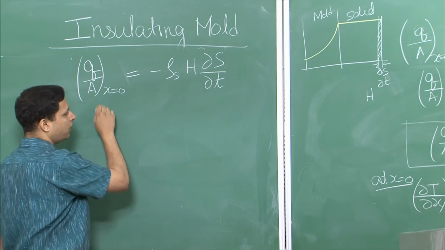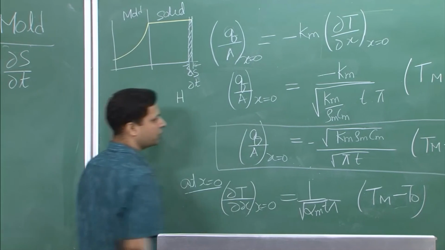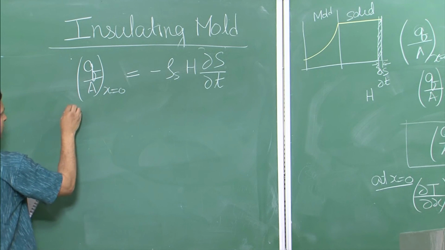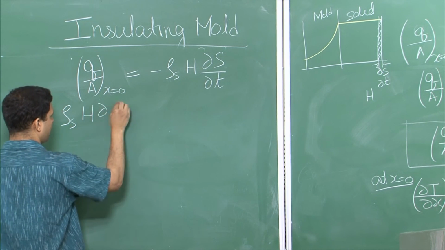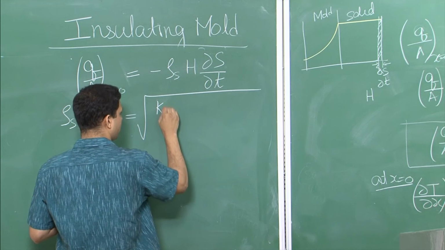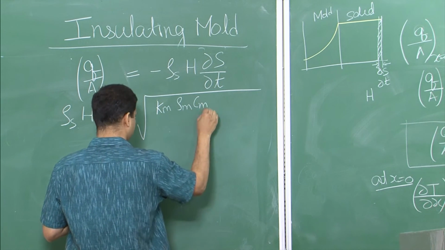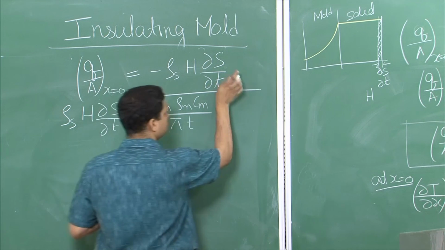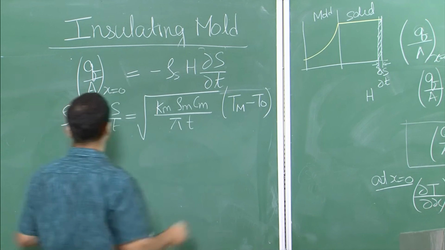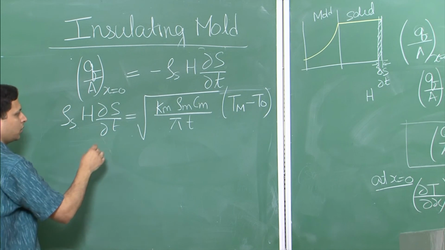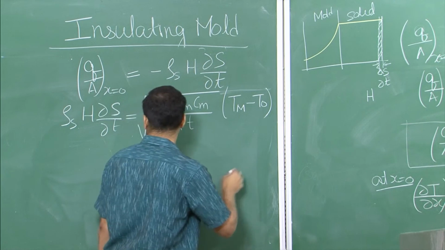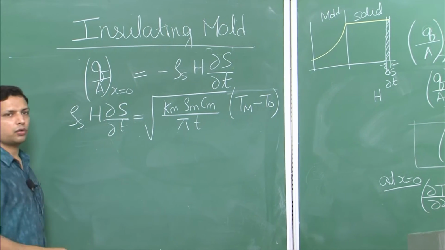So, now you see we have Q over A at x equal to 0 in this form and Q over A at x equal to 0 in this form. So, we can equate these two and get an equation something like this. And if you want to find the length that has solidified as a function of time t, all you need to do is integrate this equation with respect to t.